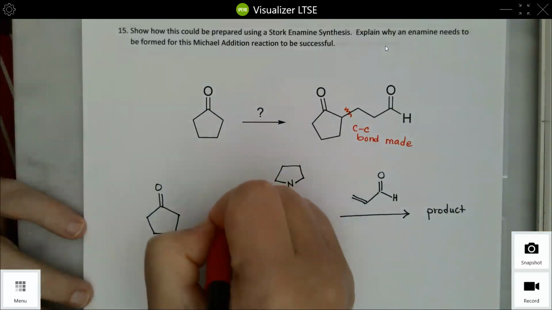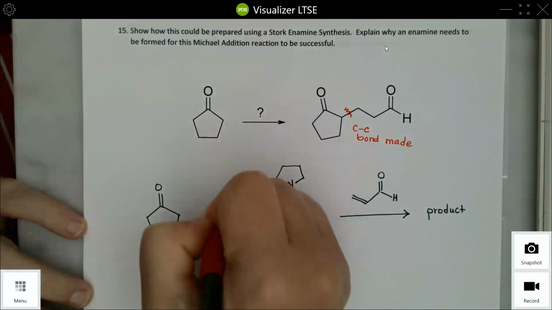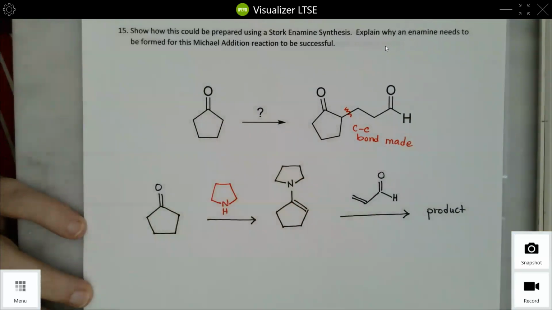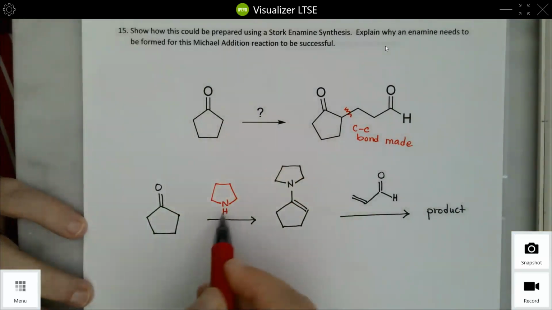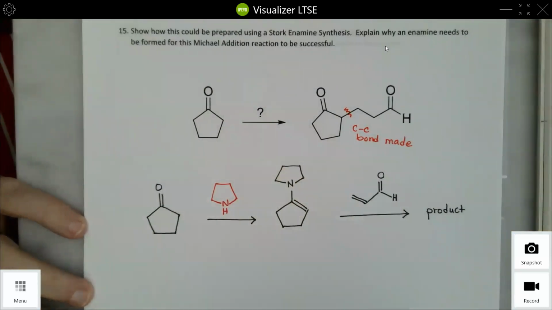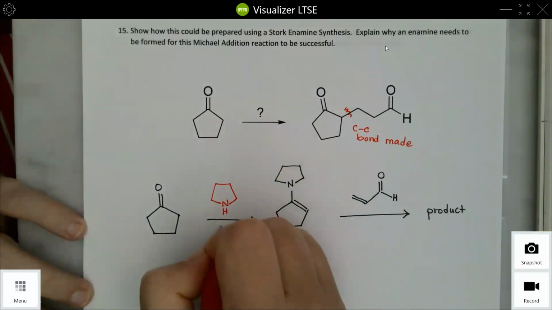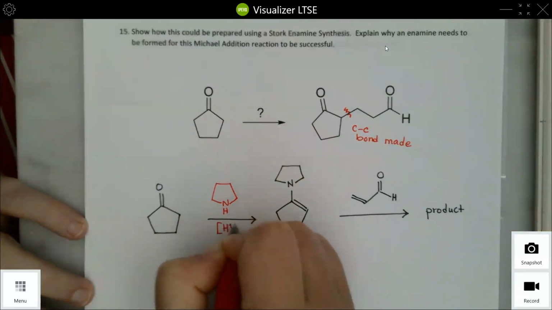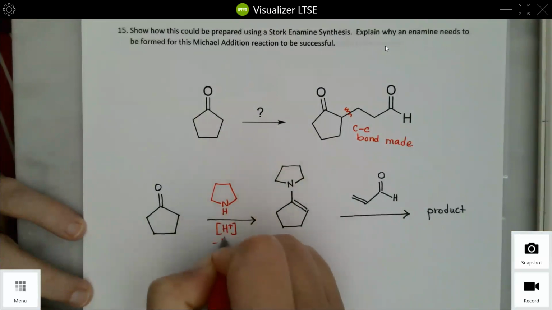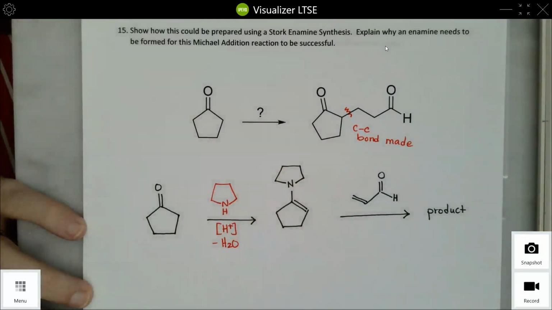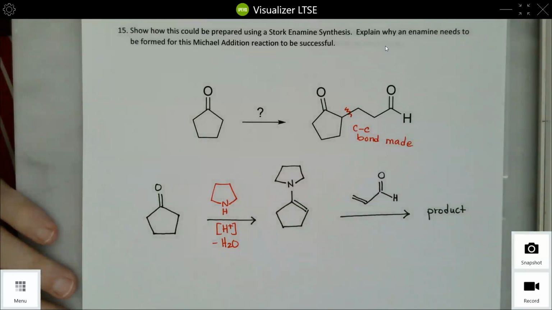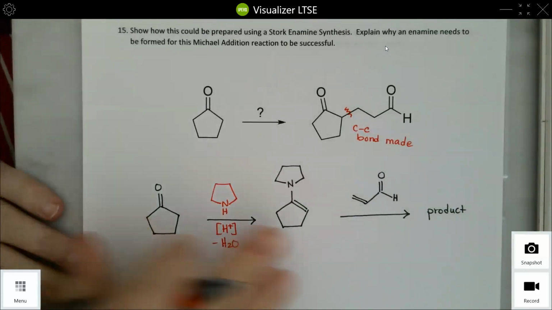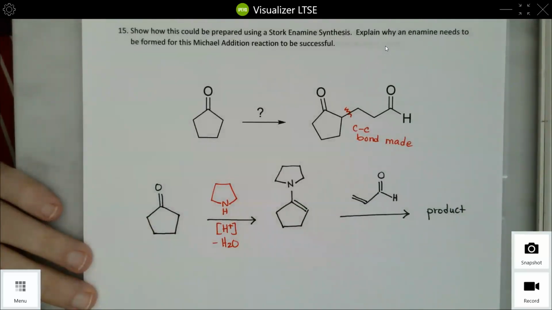Well, we treat the ketone with a secondary amine, such as this pyrrolidine. And typically we would need an acid catalyst. And sometimes people will even write minus water because we need to drive water out of the reaction to favor the equilibrium in this reaction.